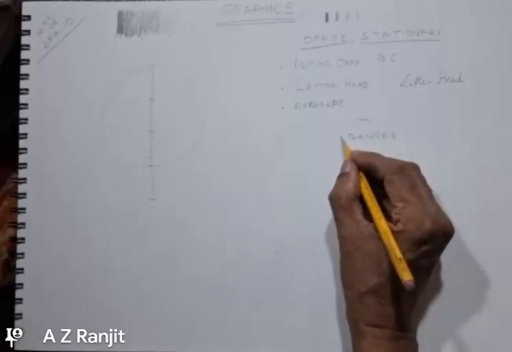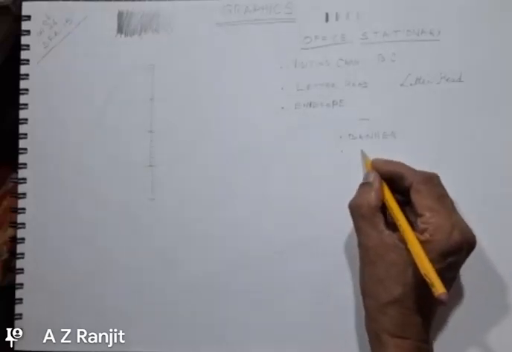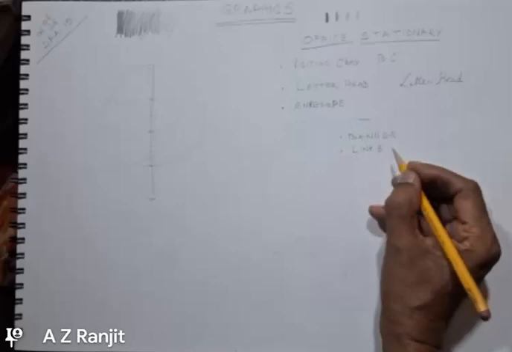We need links. So links also will be, the link button can be created. Like we create it and we assign it as a link. Okay, we won't go into that.